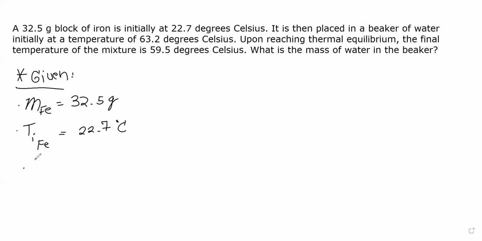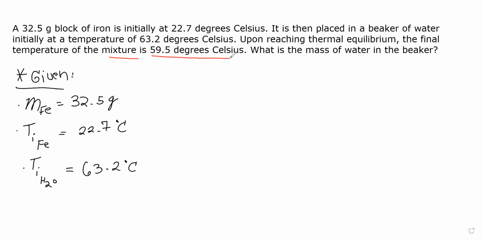Then we have the initial temperature of the water. That labeling is extremely important. Again, this is T_i for water, and this is 63.2 degrees Celsius. Finally, here's where the theory comes into play. It says the temperature of the mixture is 59.5.